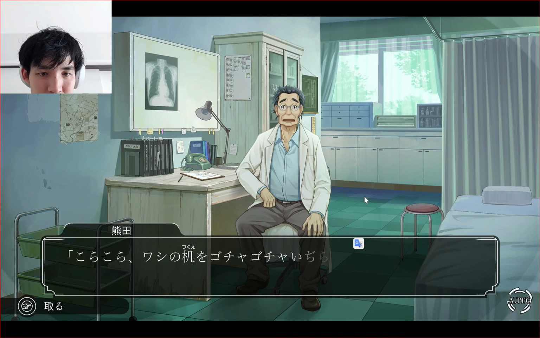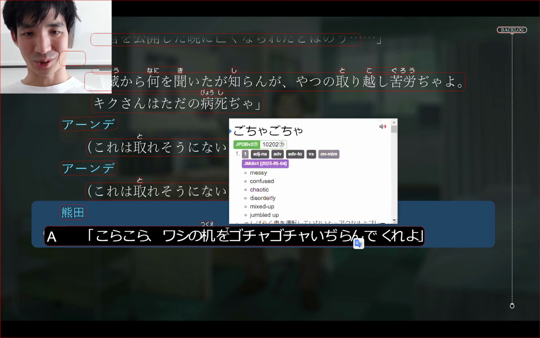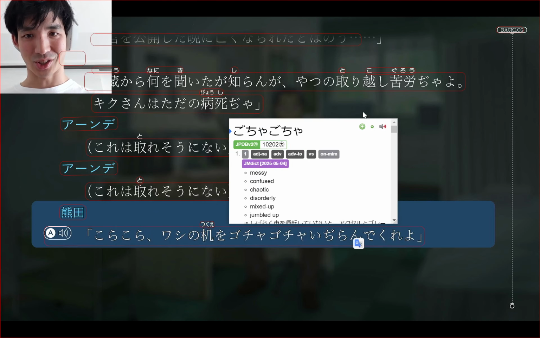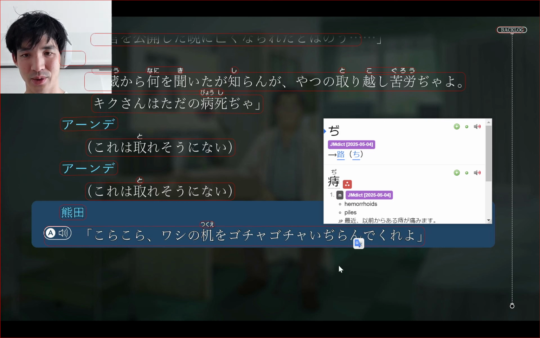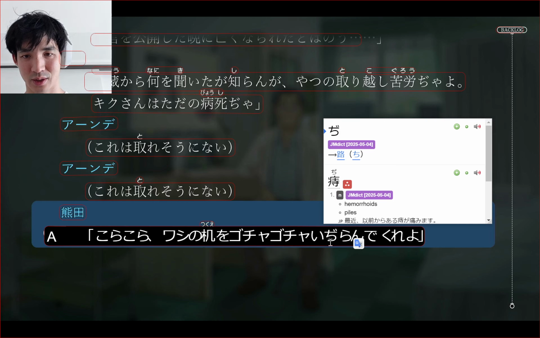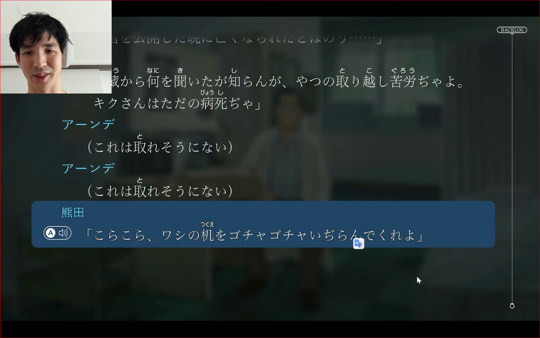こらこら、わしの机をごちゃごちゃいじらんでくれよ。 Kora kora. Washi no tsukue wo gocha gocha. Oh, that looks like a fun word. What does it mean? Washi no tsukue, my desk. Oh, gocha gocha. Messy messy. いじらんでくれよ. I don't know what いじらん means, and I don't think this thing knows either.